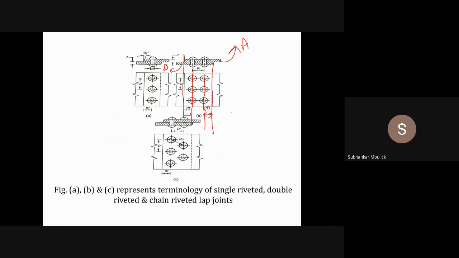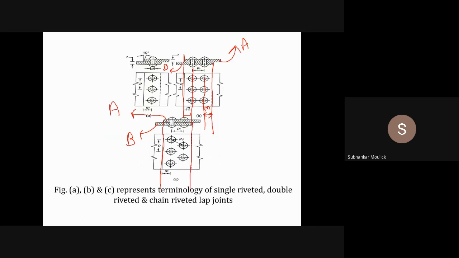Fine. Similarly, if I talk about the zigzag riveting, and I need to represent margin, this is my plate B, and this is my plate A. The nearest edge to this rivet for the upper plate is this edge. The nearest edge for plate B with respect to this second rivet is this edge.